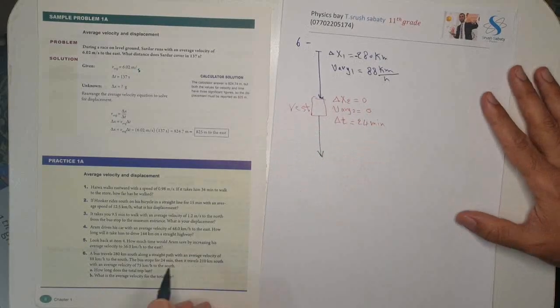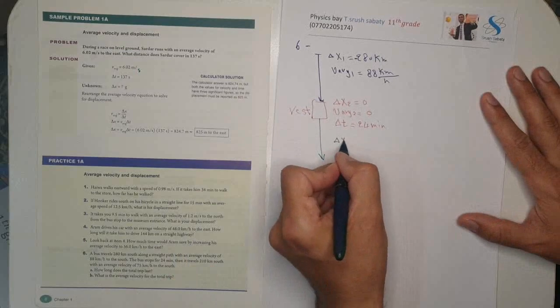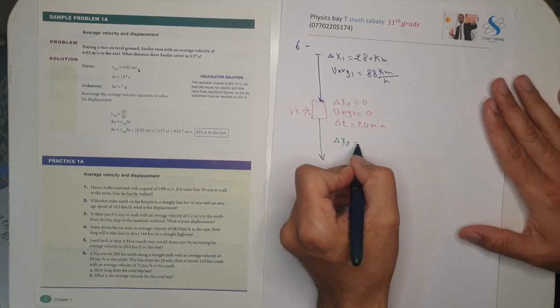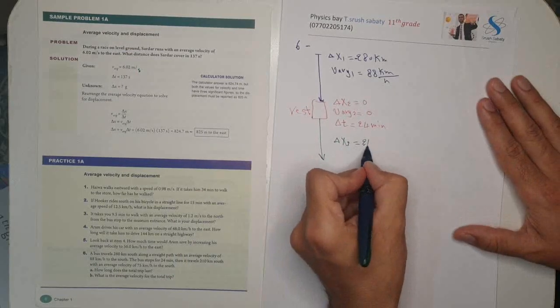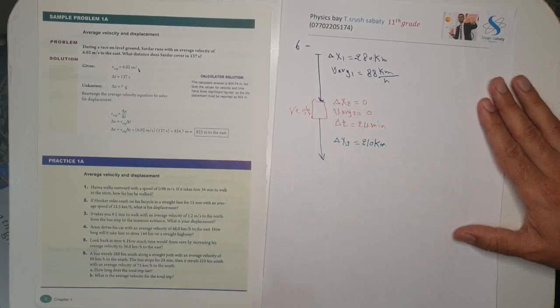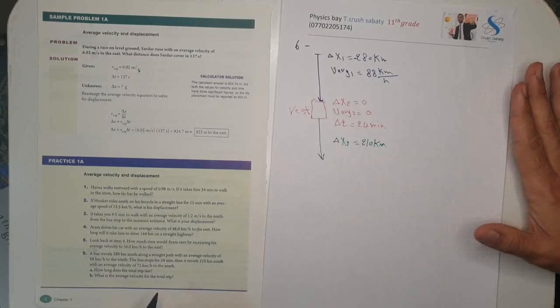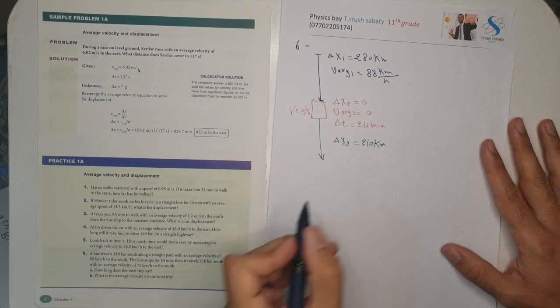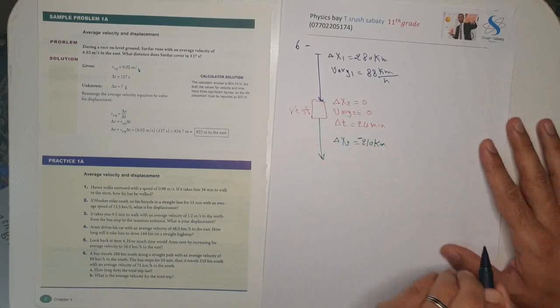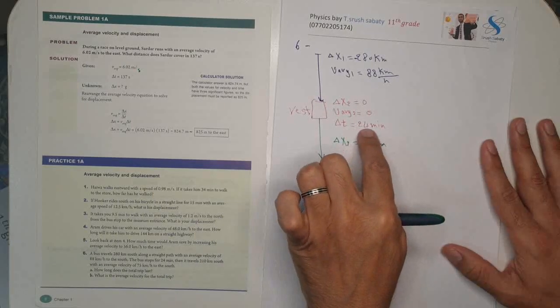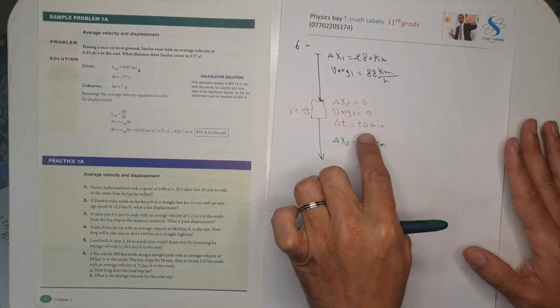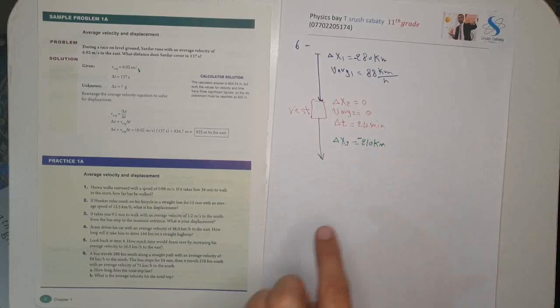Then it travels delta x3 is equal to 210 kilometers south, minus. Okay, delta t is always positive, so that's why I didn't write positive in here.